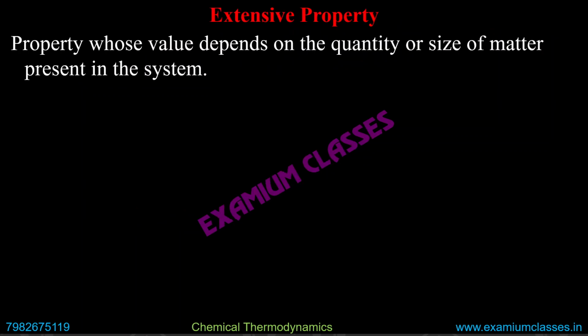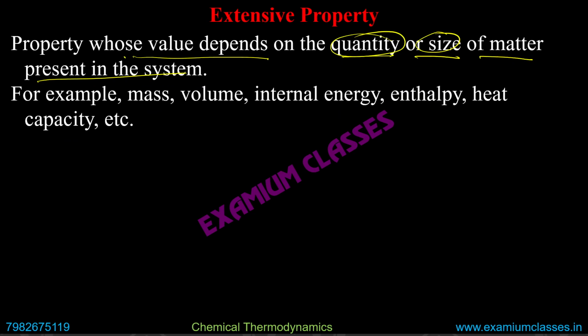Extensive property is a property whose value depends on the quantity or size, that is the amount of matter present in the system. For example, mass. If you divide one piece into two, the mass will change, volume will change, and internal energy will also change, because it is now half the mass, so there will be half the energy.